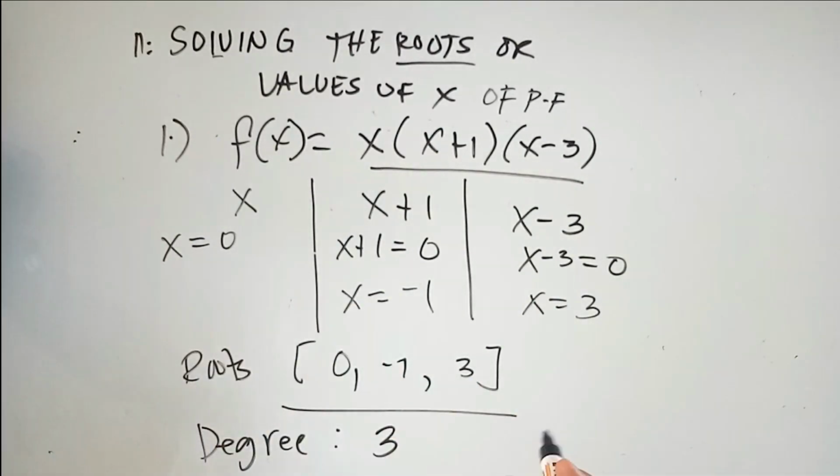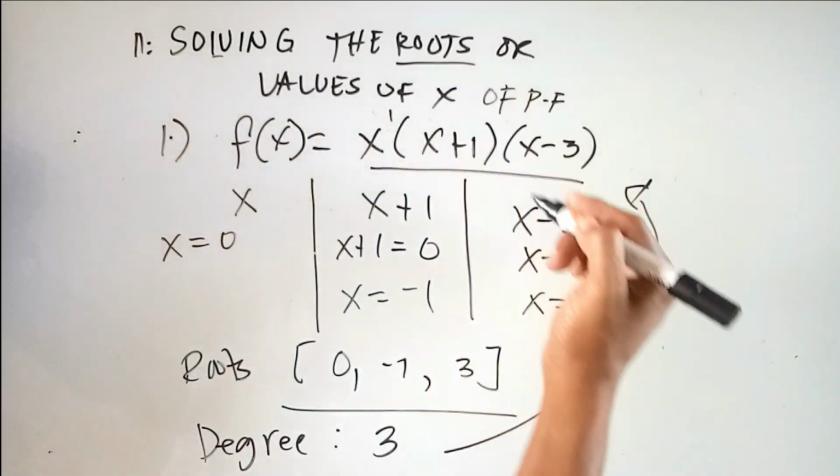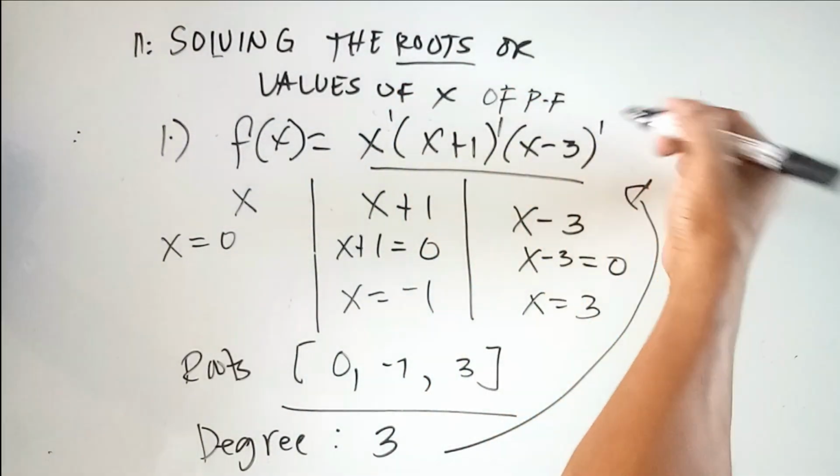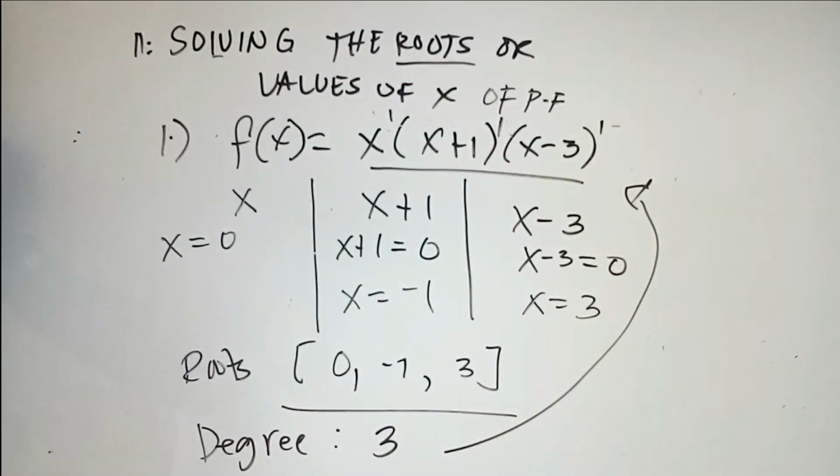Or if you look at the given function, you have exponent 1 here, 1 here, 1 here, so 1 plus 1 plus 1 is 3. Therefore, you have a degree of 3, and the degree is just the same as the number of roots, because there is a connection between the degree or the highest exponent of a polynomial function and its number of roots. Okay, so that's it.